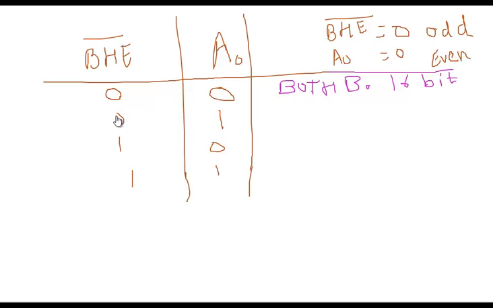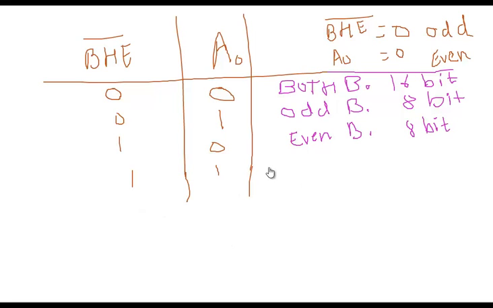Next is BHE bar is 0 and A0 is 1. BHE bar is 0 means the odd bank is selected, and that makes the operation 8-bit. Now A0 is 0 and BHE bar is 1. When A0 is 0, the even bank gets selected. So now only the even bank will get selected, and this becomes an 8-bit operation.